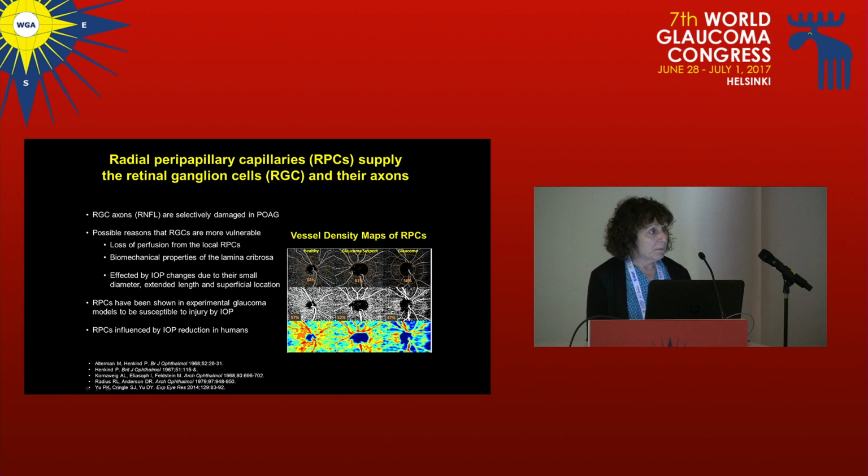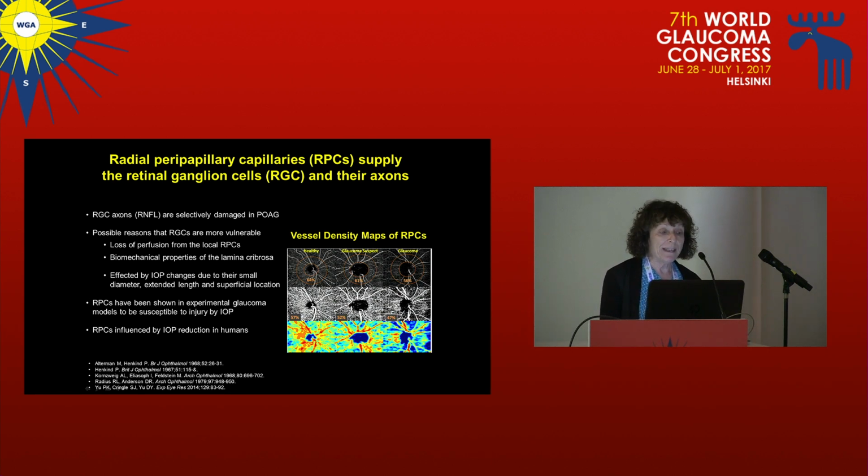I'm going to focus a little bit in my talk on the radial peripapillary capillaries, which supply the retinal ganglion cells and their axons. They are selectively damaged in glaucoma, and we've known this since the 1960s, but now we can really visualize it with this technology. There are several reasons why the RGCs are more vulnerable. It might be because of the loss of perfusion from the local radial peripapillary capillaries, which are located in the nerve fiber layer in the optic nerve head.